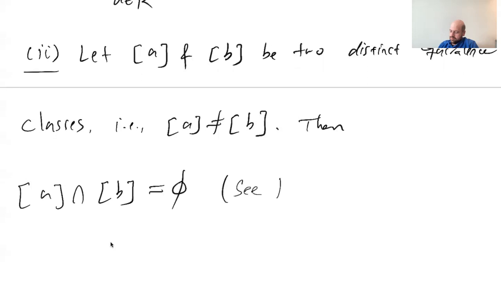In remark star above, we said exactly this: if two equivalence classes are different, then their intersection is the empty set.